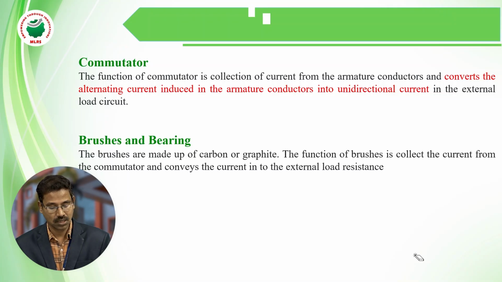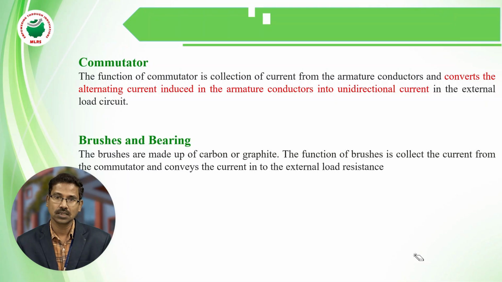The next ones are the brushes and bearings. The brushes, which are made of carbon and copper, collect the current from the commutator surface and drive the DC current to the external circuit. The next one is the bearing.